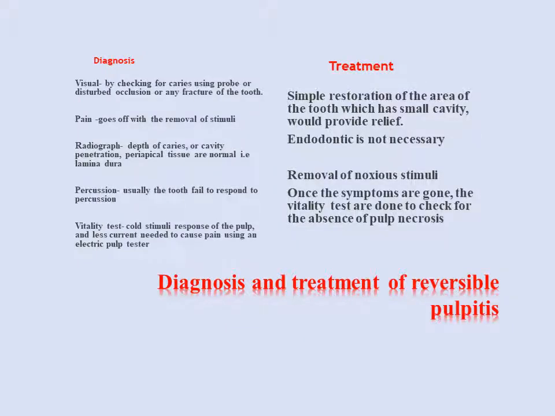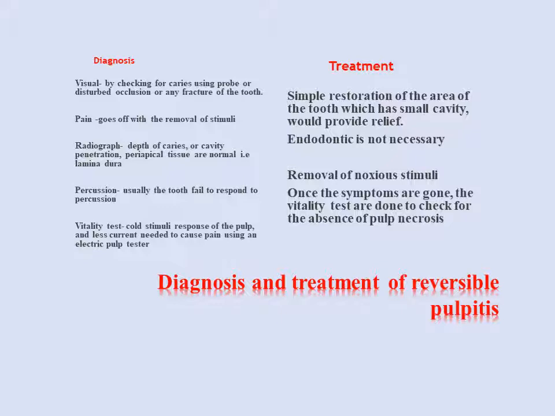The diagnosis depends on visual examination, like intraoral examination, checking for caries using a probe, or checking for disturbed occlusion or any fracture in the tooth. The patient's history gives us pain which goes off with the removal of stimulation.